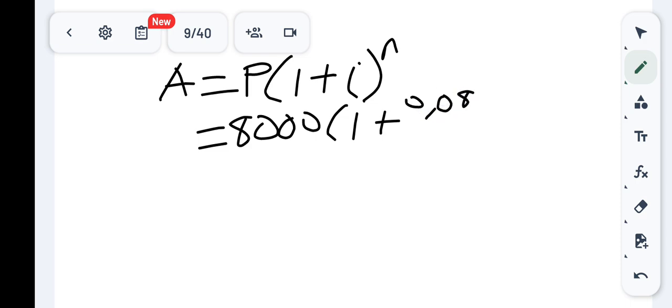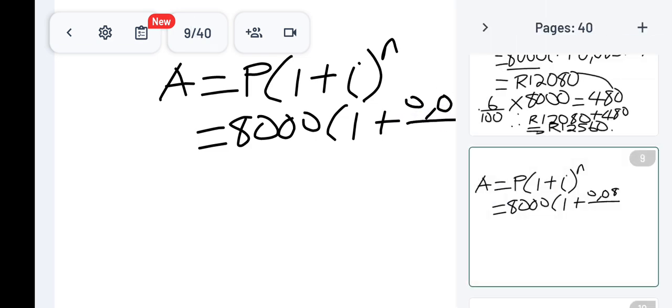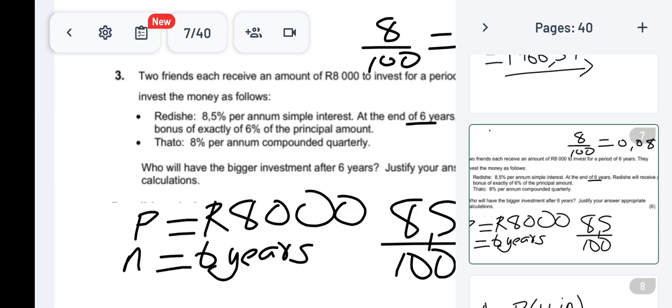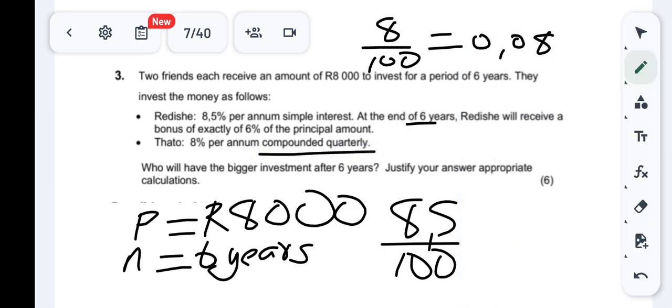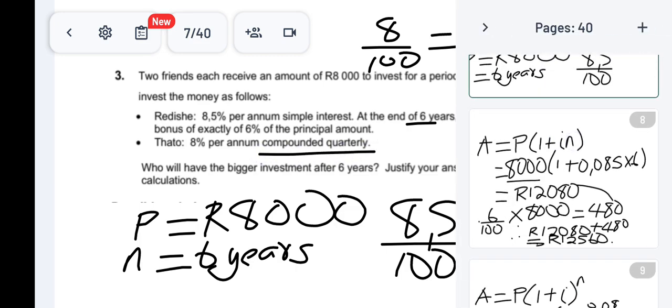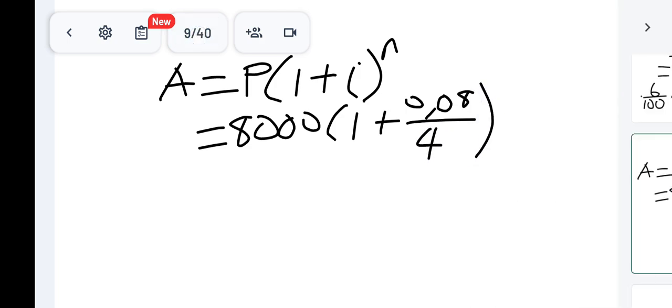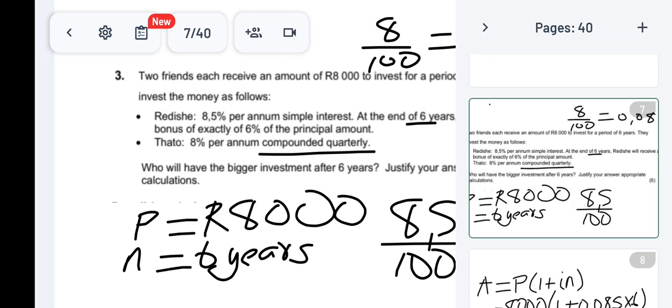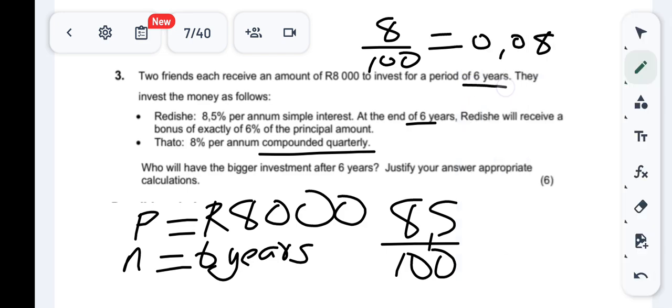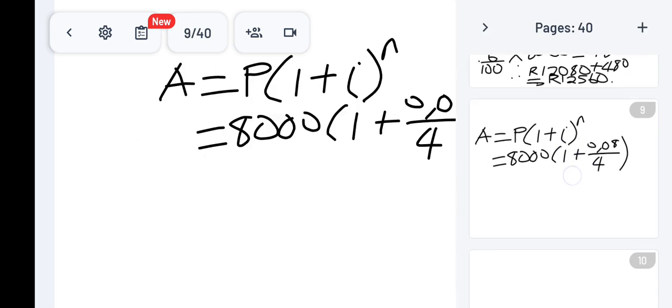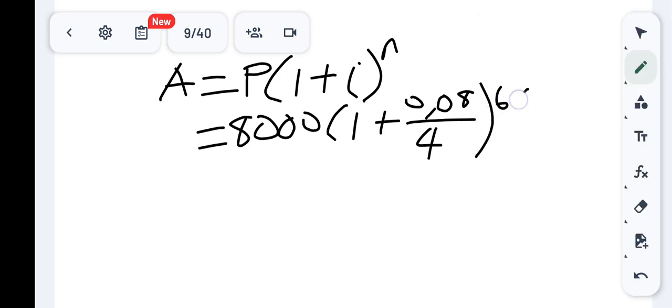Do we have a compounding period? Of course, it is compounded quarterly. Quarterly means 4 times per year, so we will divide by 4, then multiply the number of years by 4. The number of years is 6, so 6 multiplied by 4 is 24.